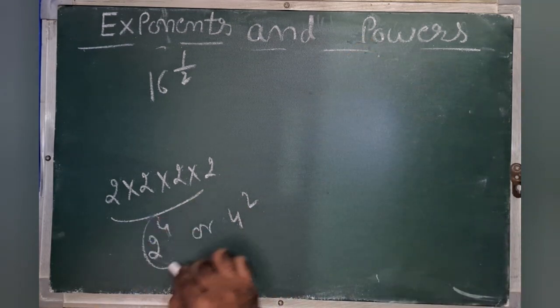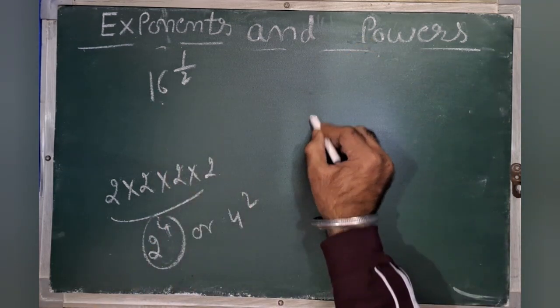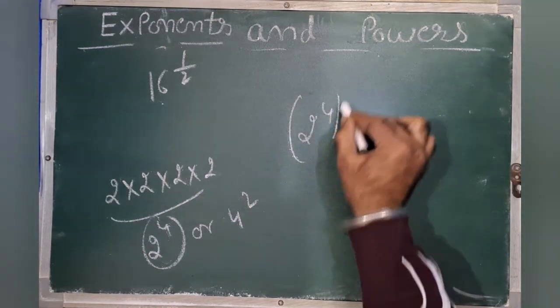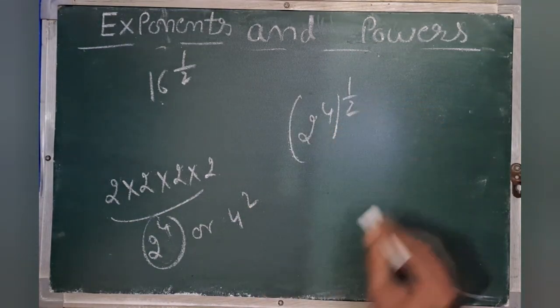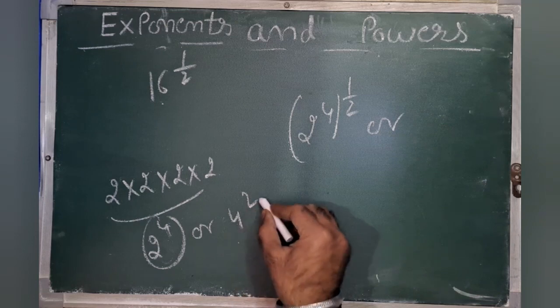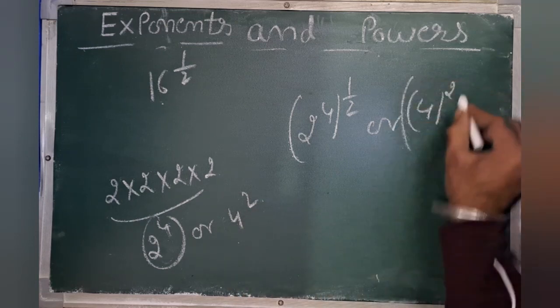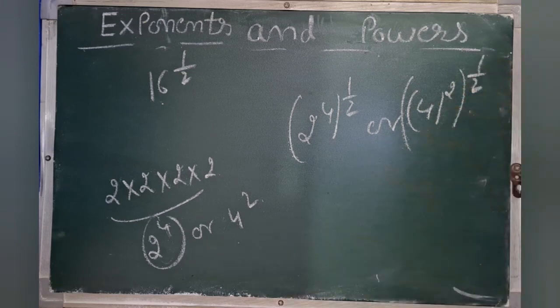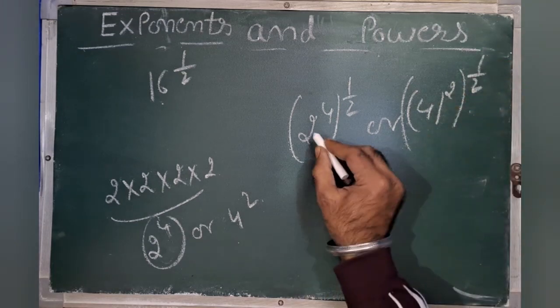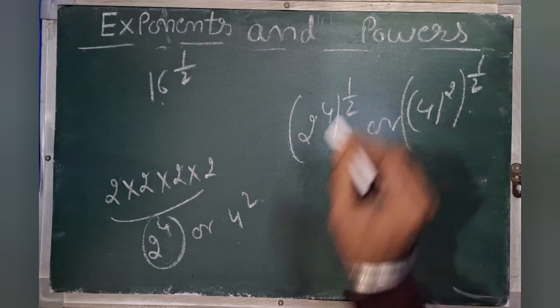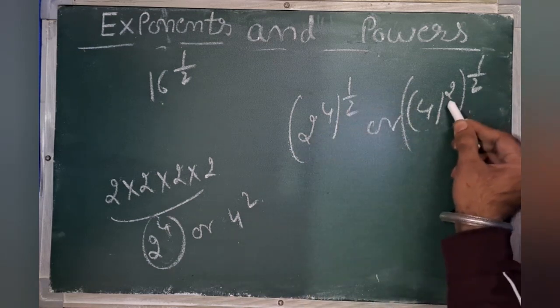If I write 16 as 2 power 4, then the whole power is 1 by 2. Otherwise, I can use 4 power 2 also: 16 as 4 power 2, then whole power is 1 by 2. Now, a power m whole power n.